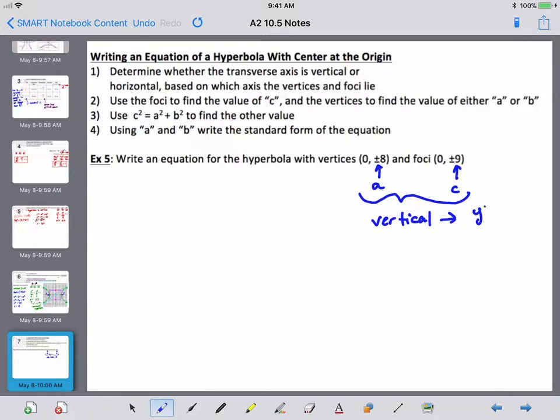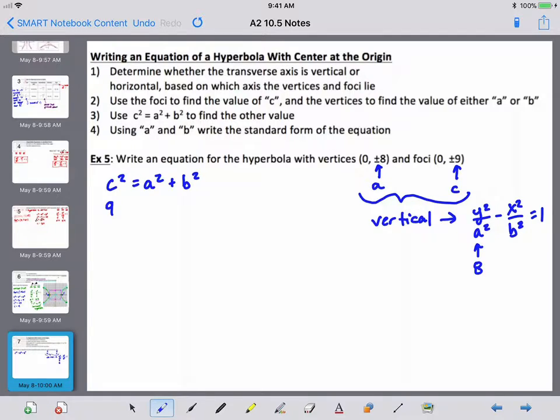So at some point I'm going to fill into this equation, y squared over a squared minus x squared over b squared is equal to 1. We actually already know a. It's 8. Now we just have to find b. Well, we can use this equation, c squared equals a squared plus b squared.